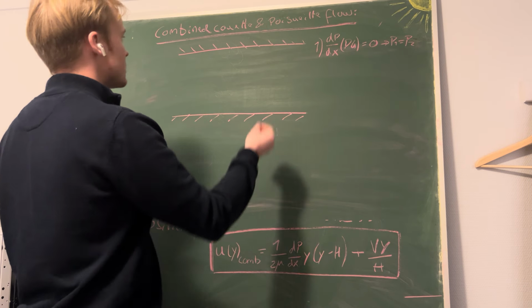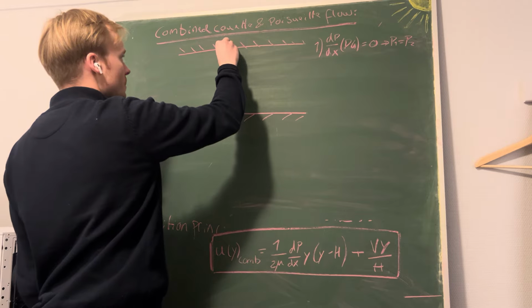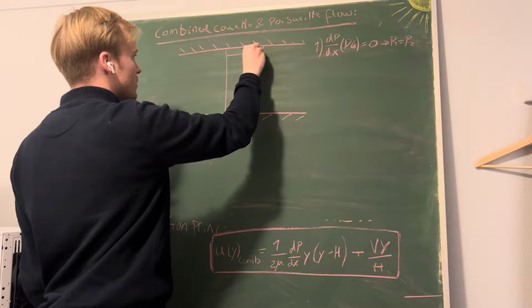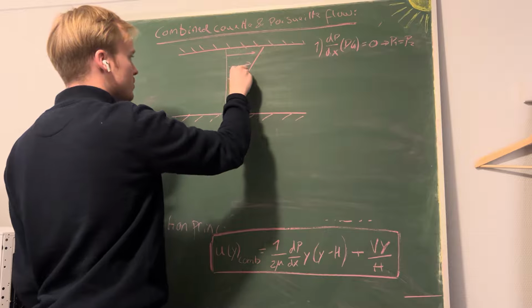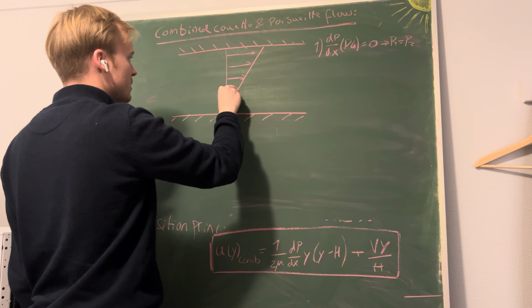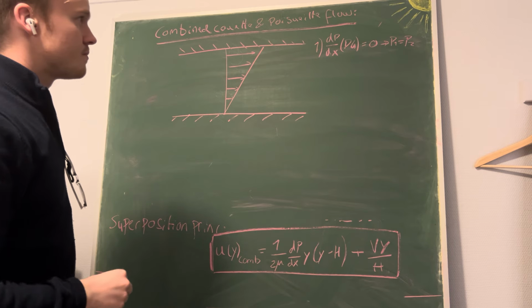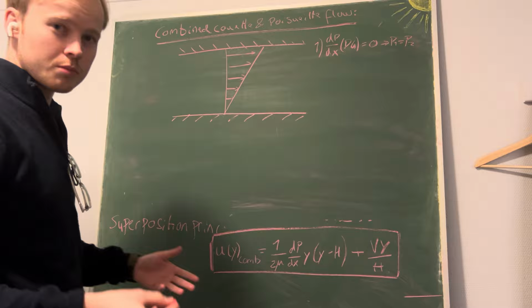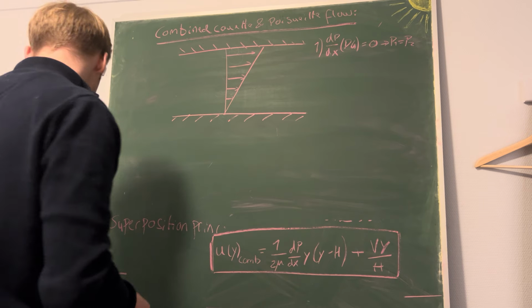So then what this becomes is just our linear velocity profile, simply like that. So then it's just a shear driven flow and there's no pressure gradient force acting.